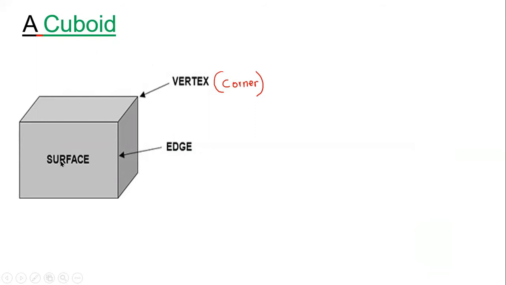Then it has got surfaces. The surface, you can also call it a face. Okay, so we shall need to see how many faces it has, how many edges it has, and how many corners it has.